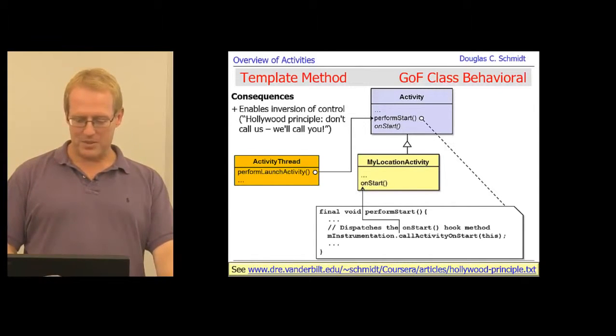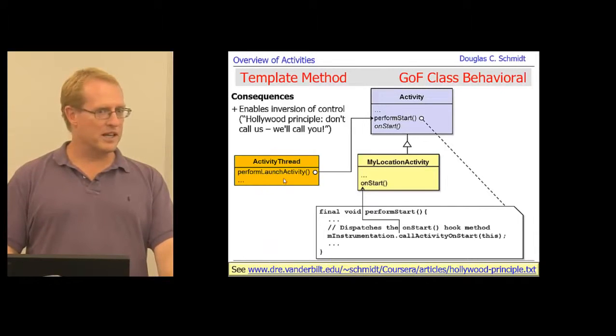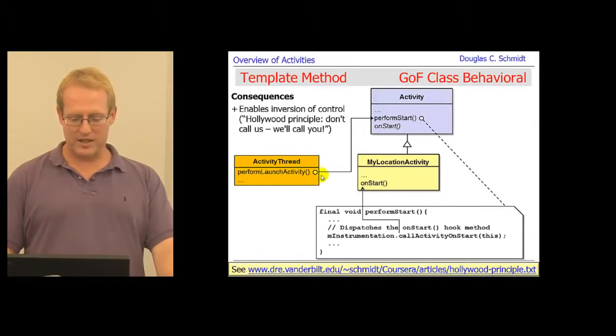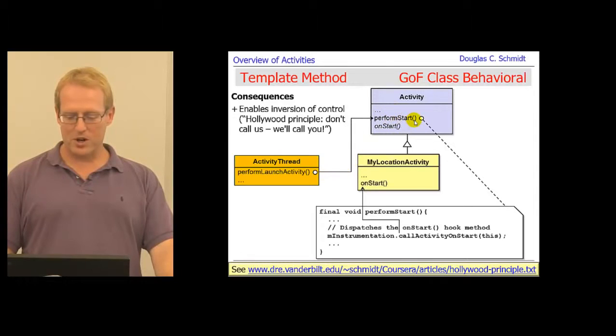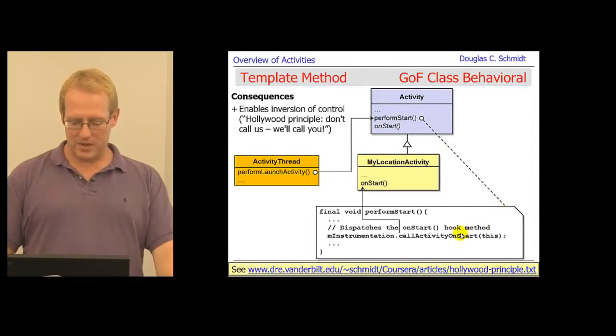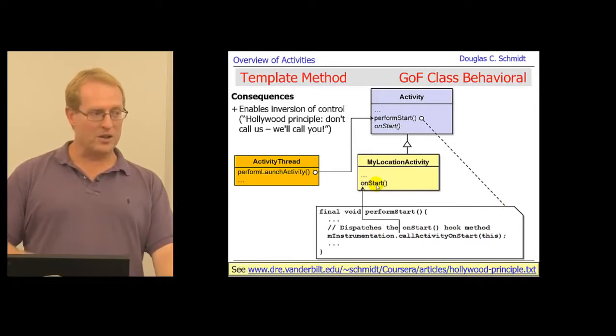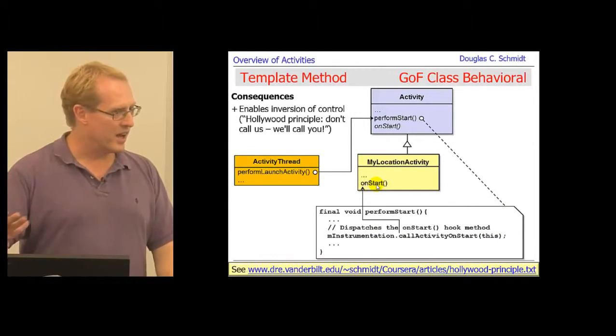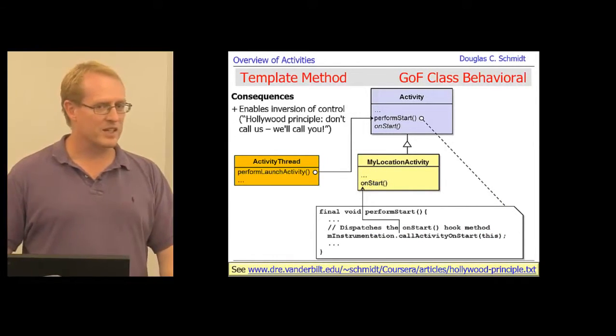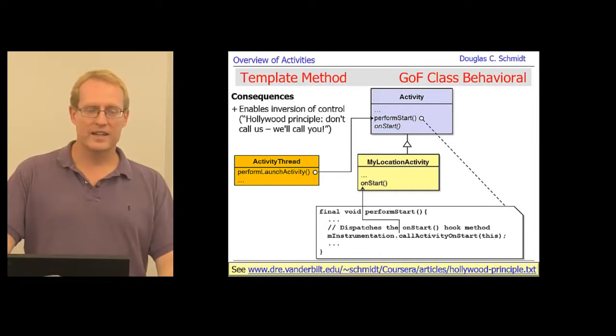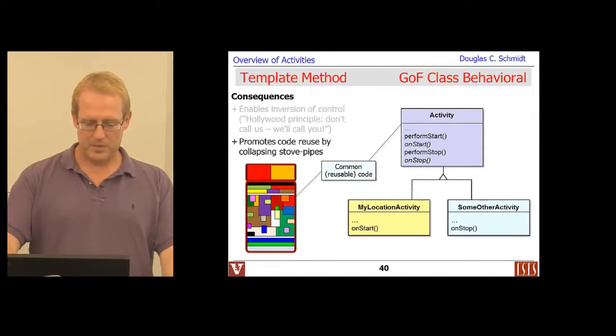So you can kind of see the interaction. ActivityThread, which is running in the background in the framework context, calls performStart. That ends up calling callActivityOnStart, which ends up calling onStart on the object of the subclass that you define. And that kicks things off.